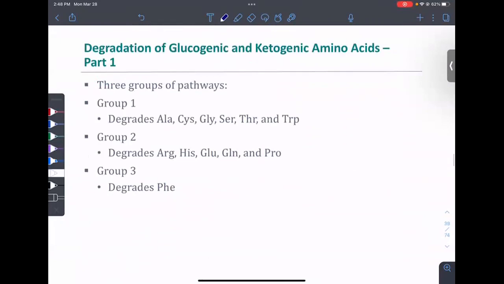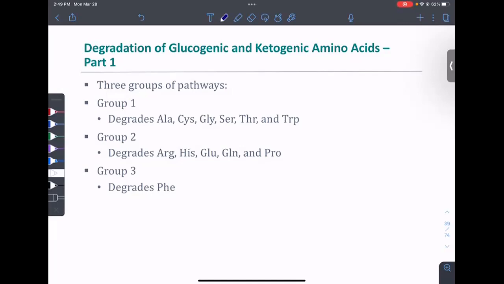Okay, so the carbon backbones of 11 of the 20 amino acids can be converted into either pyruvate or acetyl-CoA. And that allows them to be used for energy conversion by the citrate cycle and oxidative phosphorylation reactions. The other 9 are converted to citrate cycle intermediates like alpha ketoglutarate, fumarate, succinyl-CoA, and oxaloacetate.